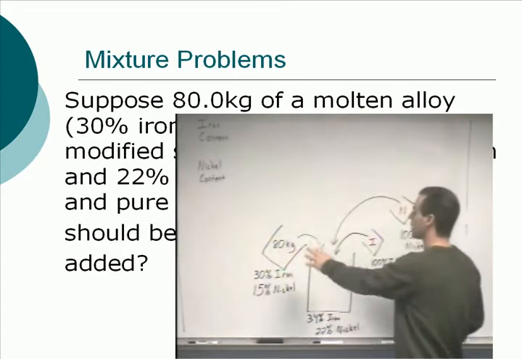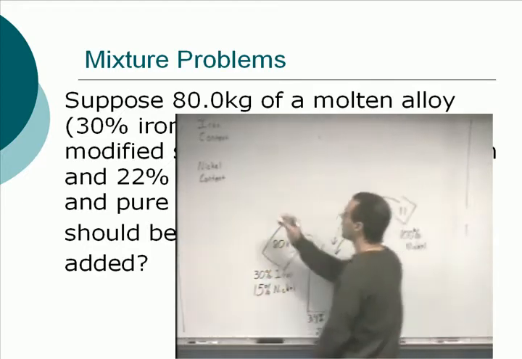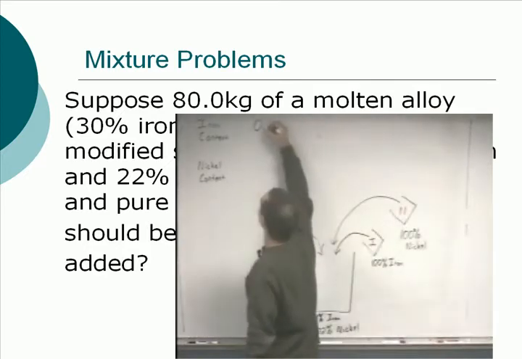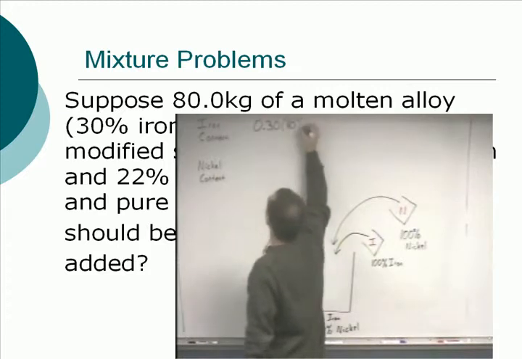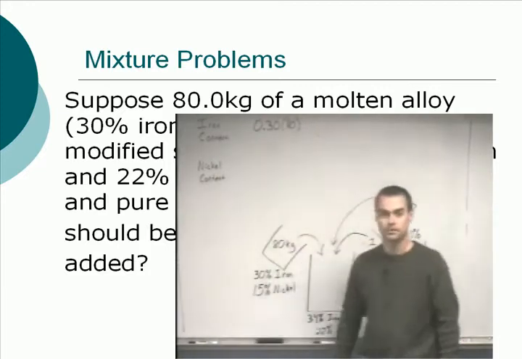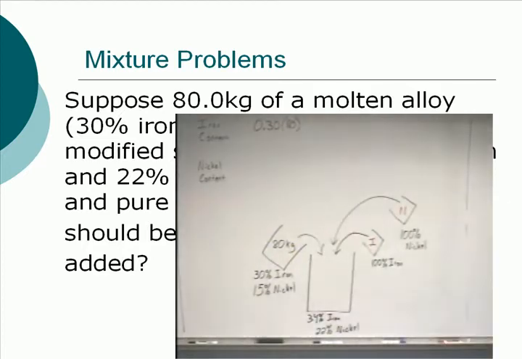So our iron content, from here we have 30% of 80. That's not the only place we're getting iron from. Where else are we getting iron from?